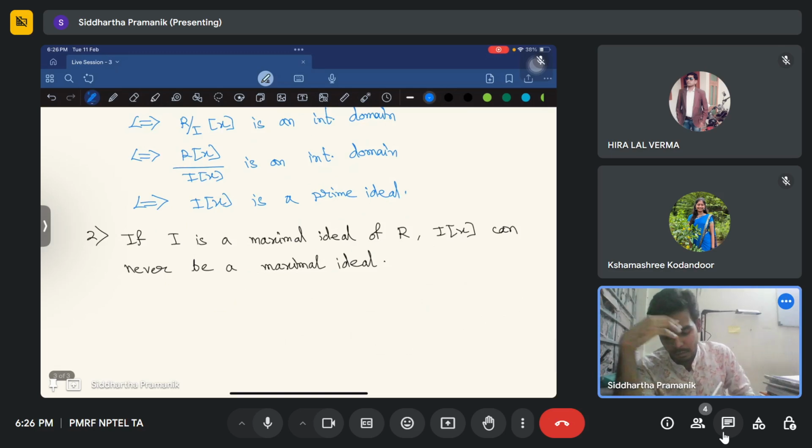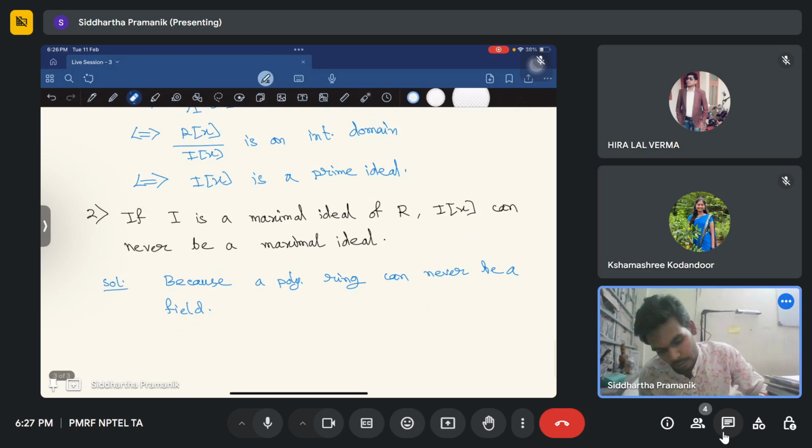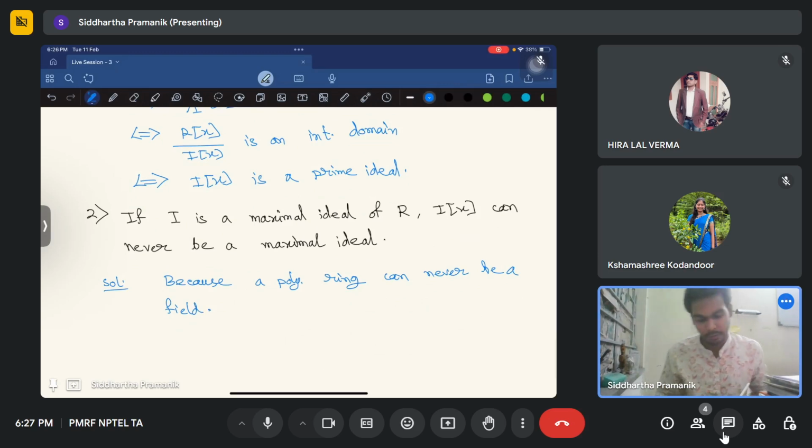That is because a polynomial ring can never be a field. I have just written down this line; the rest of the part you convince yourself. I hope this is okay.